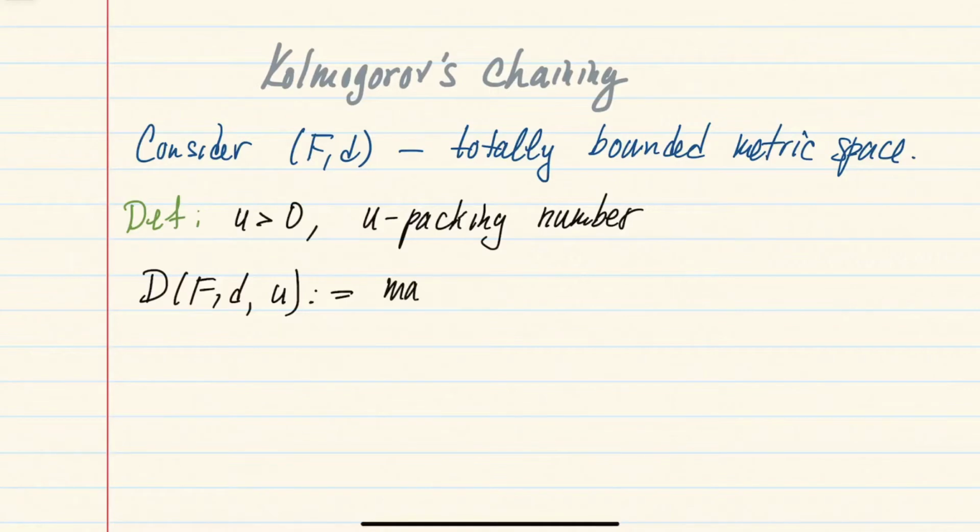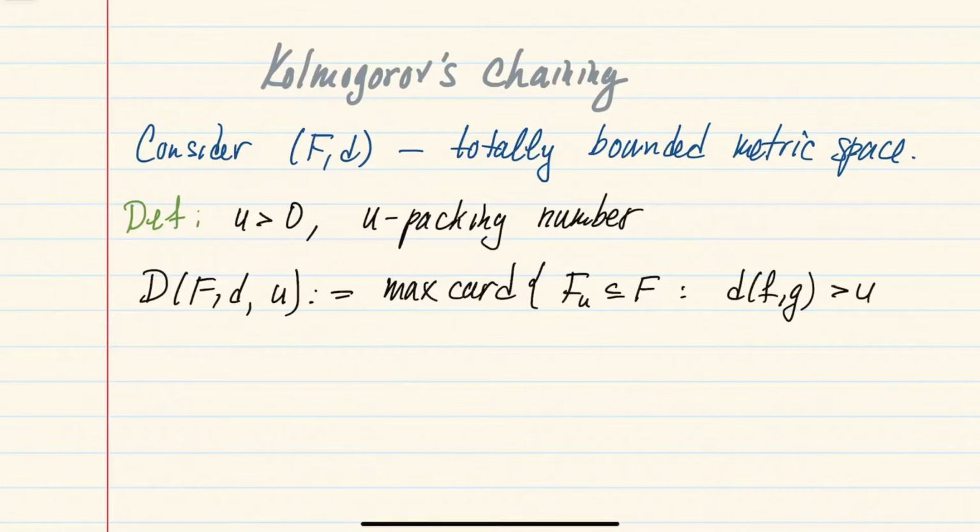So it's the maximum cardinality among all subsets of our space F, such that the distance between any 2 points is strictly greater than u, for all f and g in this subset F_u. And because our metric space is totally bounded, this will be a finite number.